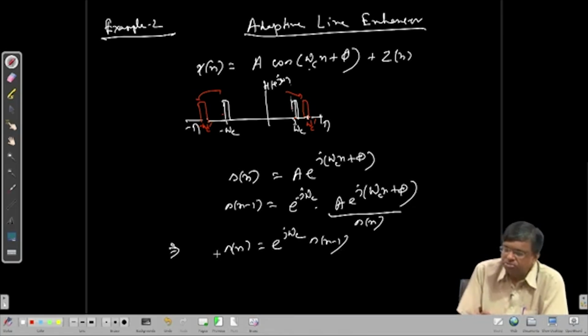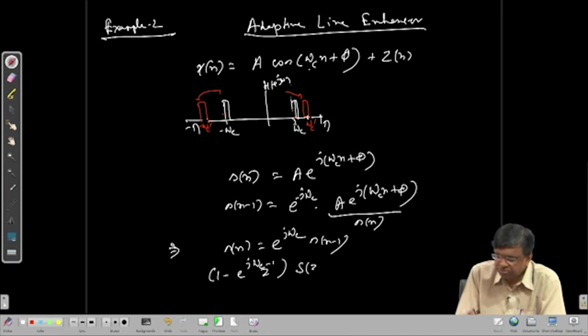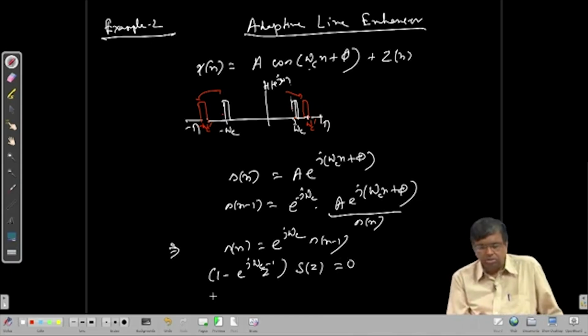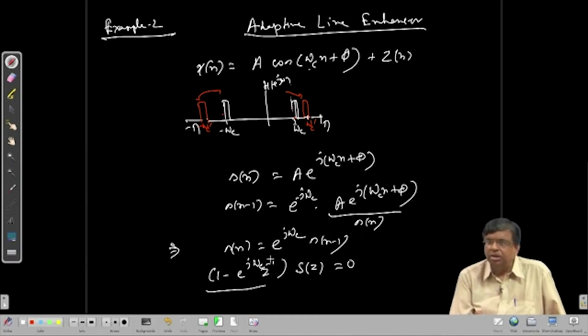So, if I do the Z transform of both sides, okay, it will be capital Sz, and here it will be this times Z inverse capital Sz. If you take everything on one side, it will be 1 minus e to the power j omega c Z inverse, so this is a first order polynomial in terms of Z inverse. Such a polynomial is called an annihilator, because it annihilates Sz. If you multiply this Sz by this, you get 0. All right.